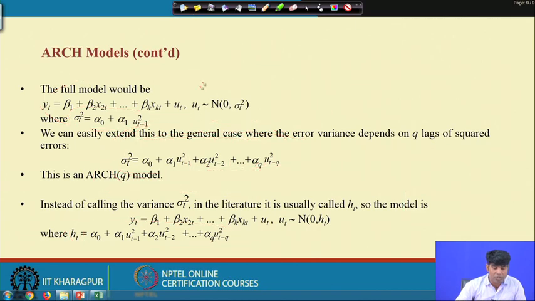So, technically it is actually a two-step process where the original variables are not used here. We start with y and x, but ultimately the models use different variables: the error variance, the square of the error terms, and the log of the error variance.